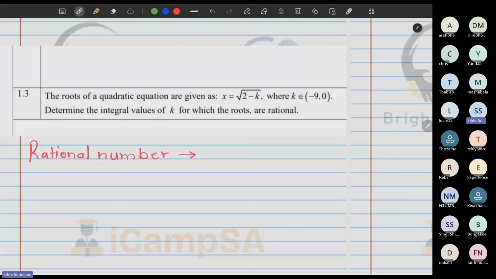Okay, so let's answer the first question. What is a rational number first? Are you guys all clueless on what a rational number is? Numbers that can be written as a fraction. Yeah. Okay.